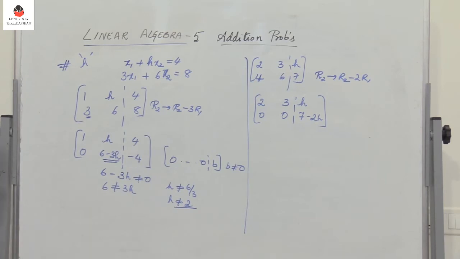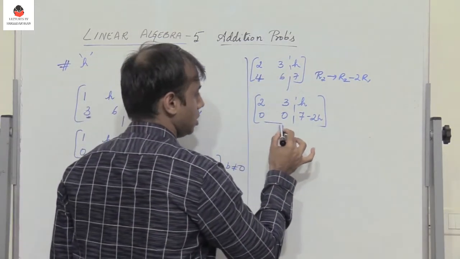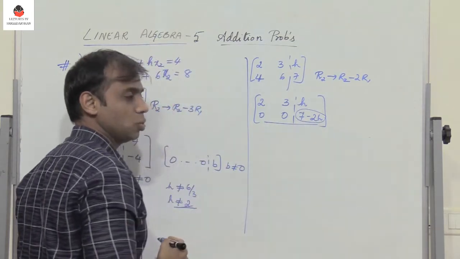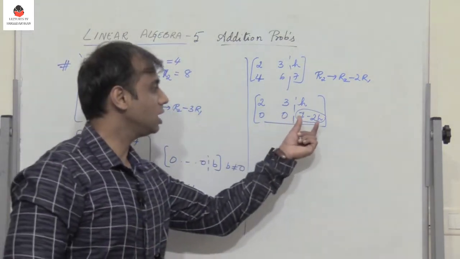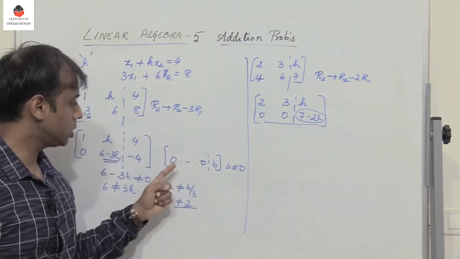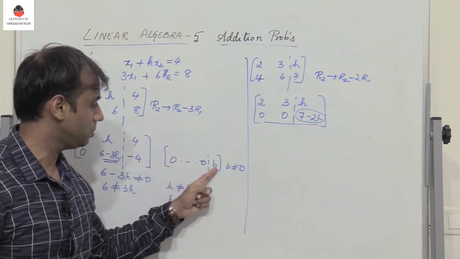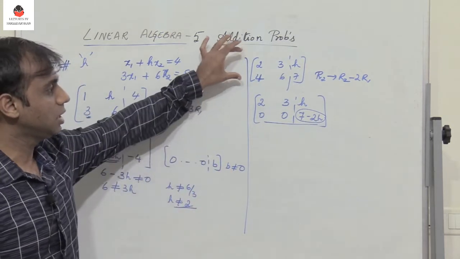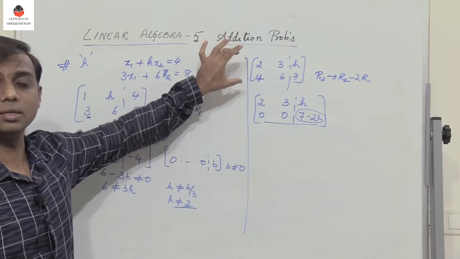Now remember that the last row is of the form 0, 0, and I get 7 minus 2h. Now if this element is non-zero, then we would get a row of the form all zeros and b, where b is not equal to 0, thereby making the system of linear equations inconsistent.